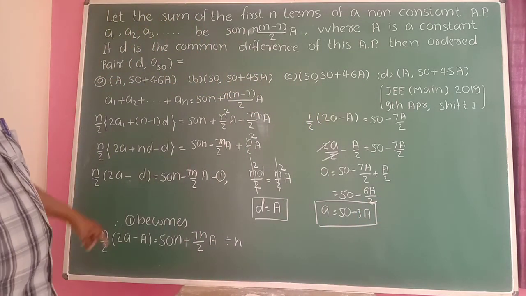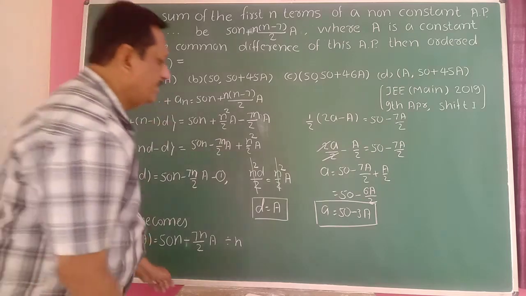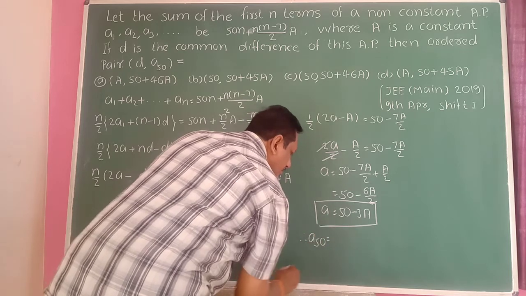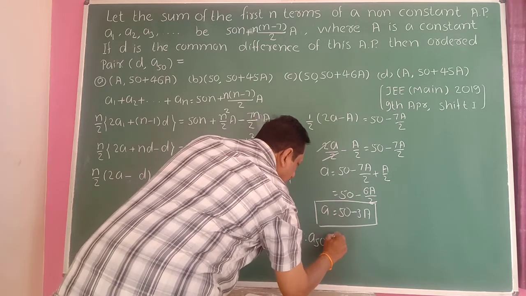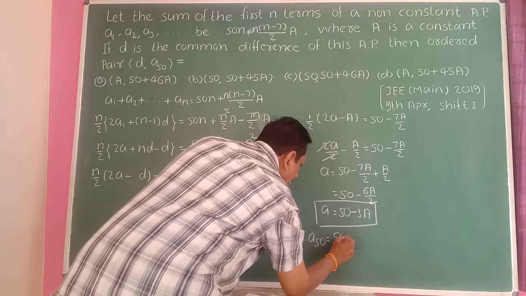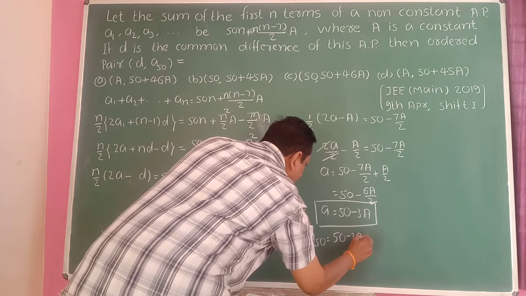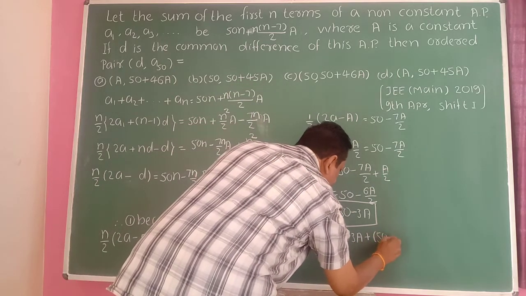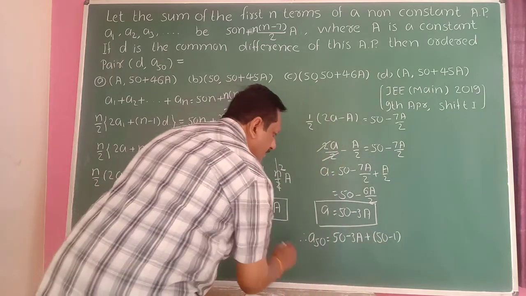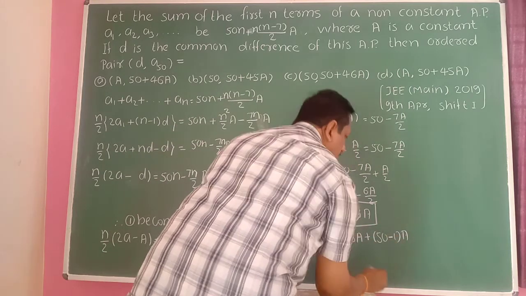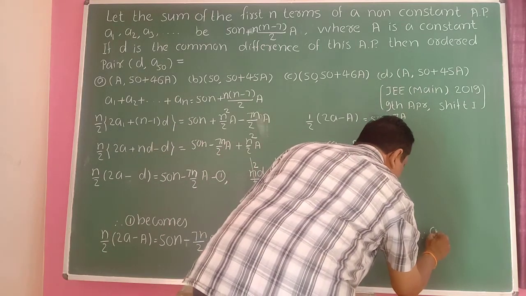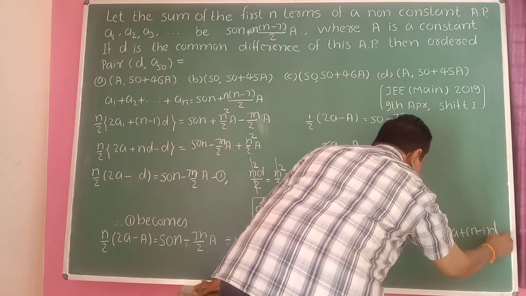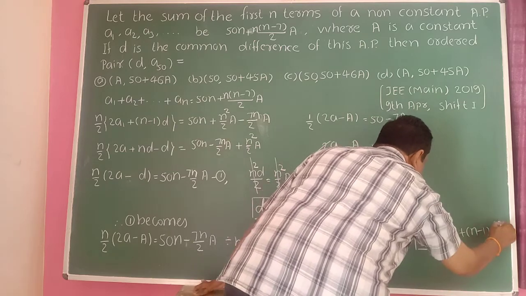Here we want a50. Therefore a50 is equal to, so a is this one here. So 50 minus 3A, then plus 50 minus 1 into d, which is this A here, into A. So you are using this formula a_n is equal to a plus n minus 1 into d.